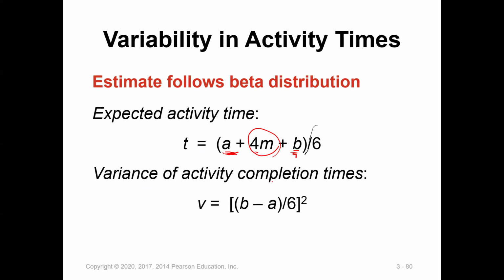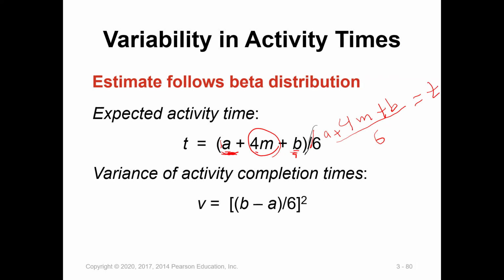The expected time is a weighted average. So we give 1 A, plus 4 M's is 5, plus 1 B is 6. That's why we divide by 6. So it is 4M plus B plus A divided by 6. Okay, this will give us the expected time for the activity.